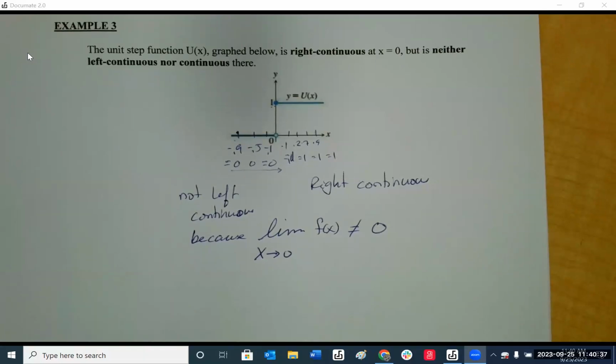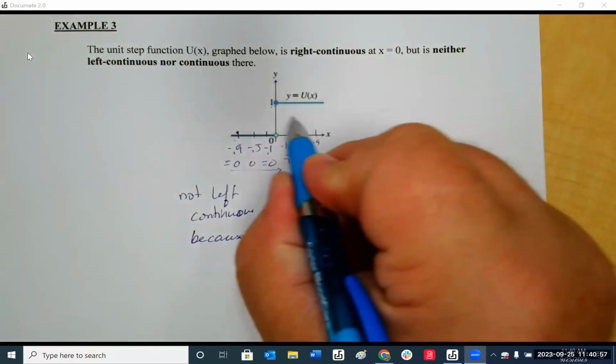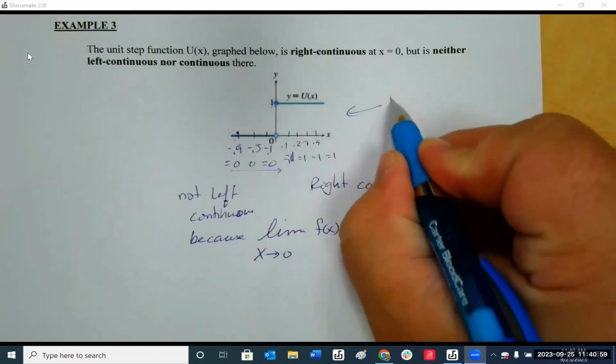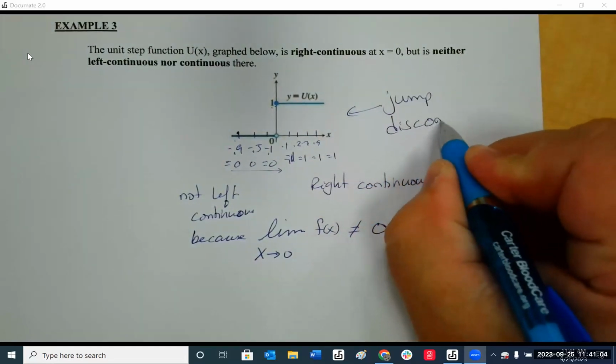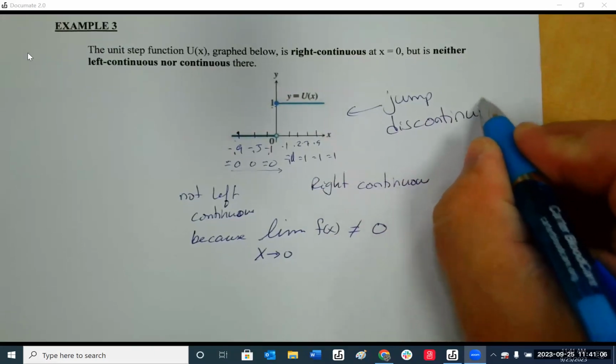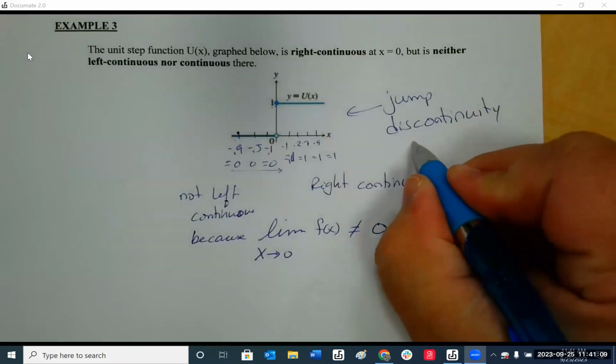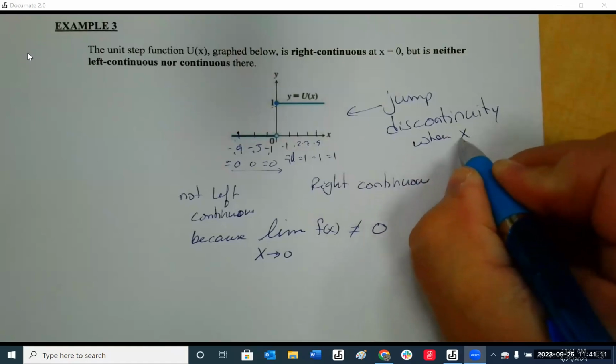Okay, so now we're going to define the continuity test itself. Here there is a jump discontinuity when x equals 0.